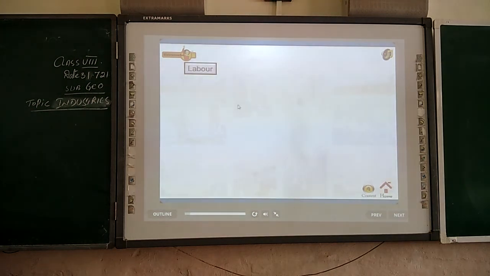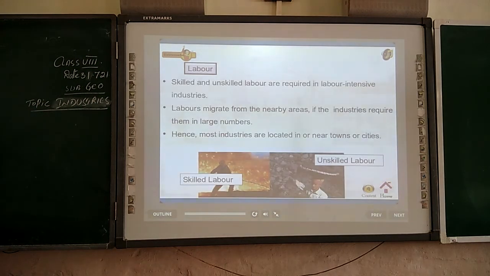Labor. Let us see how the availability of labor affects the location of industries. Skilled and unskilled labor are required in labor-intensive industries. Laborers migrate from nearby areas if the industry requires them in large numbers. Hence, most of the industries are located in or near towns or cities.